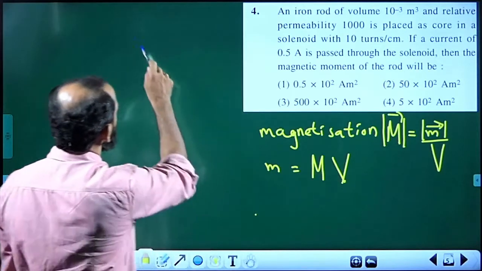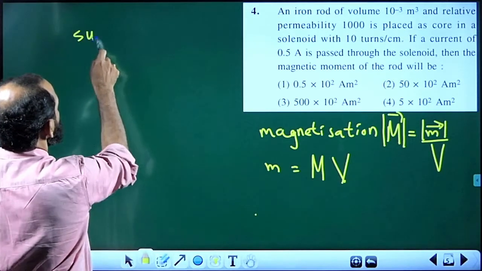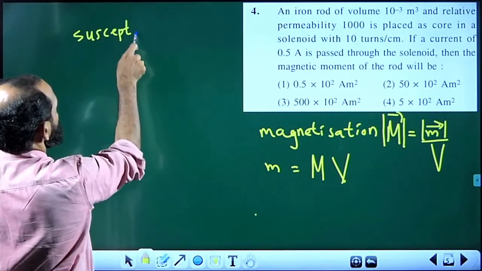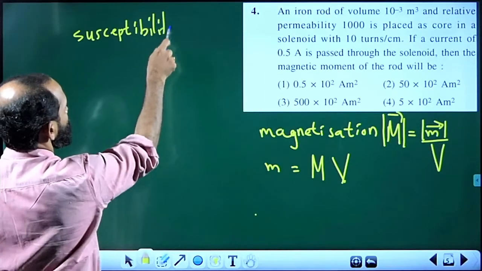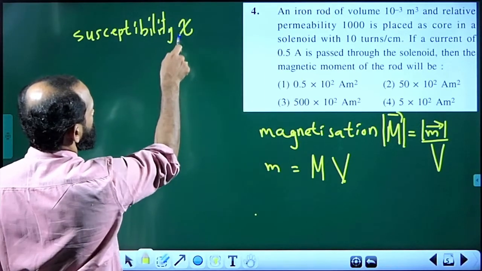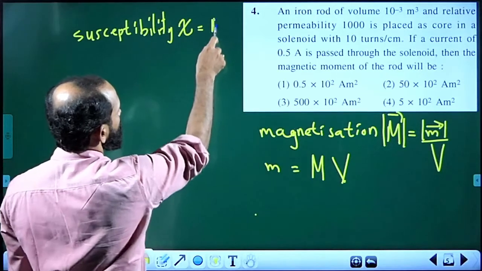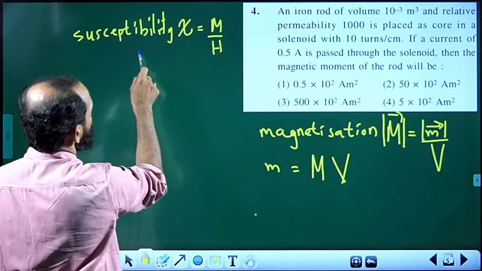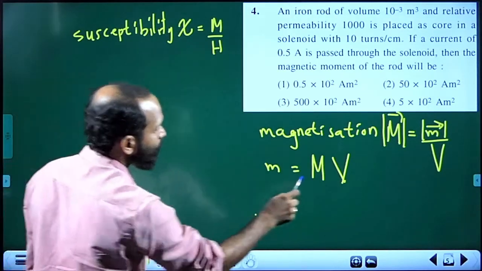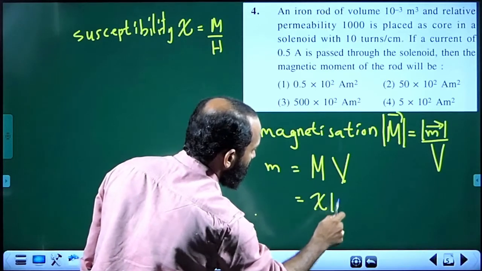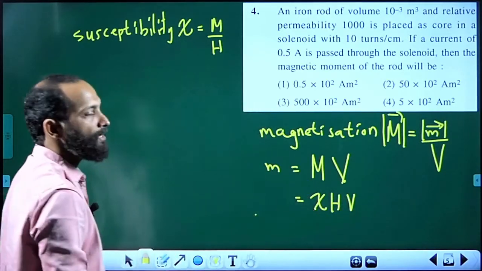But we have also learned susceptibility. Magnetic susceptibility chi is equal to M by H, where we can write M is equal to chi H. So here chi H V, but susceptibility is not given.